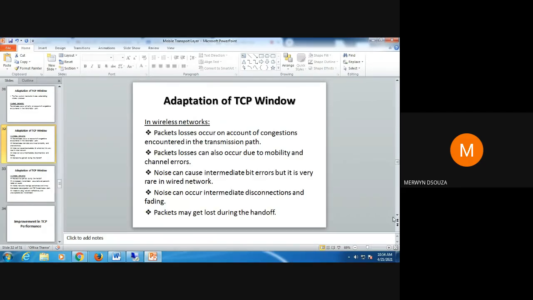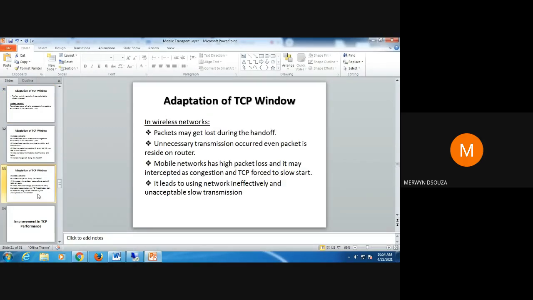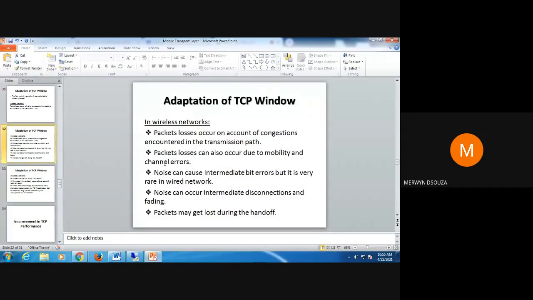So if you get this question, you need to mention that in a wired network the packet loss will occur mostly due to congestion, and then TCP will start all the techniques for congestion control or congestion recovery. Whereas in a wireless network, packets could be lost due to congestion, but there are several other reasons, and so the same TCP cannot be used.